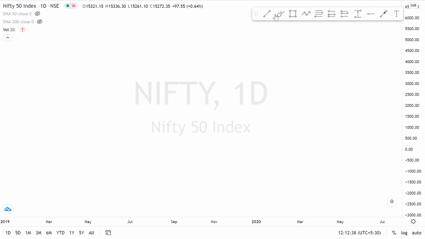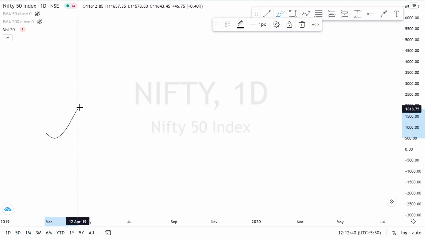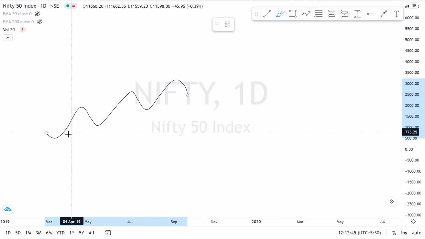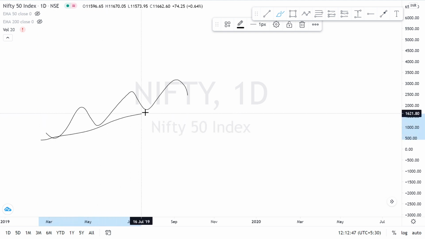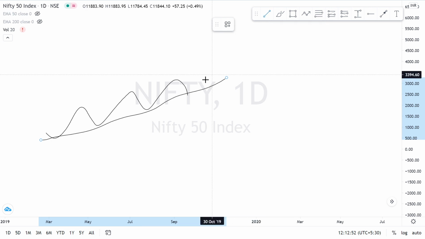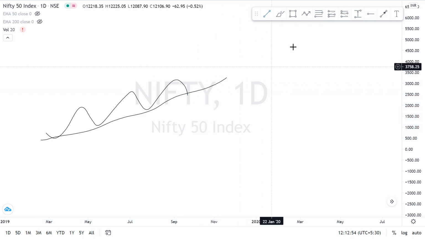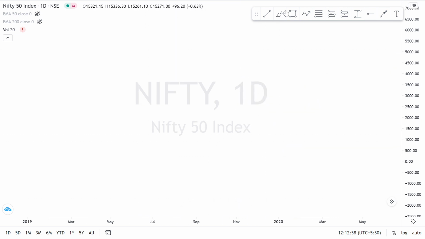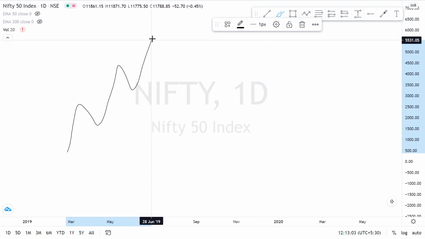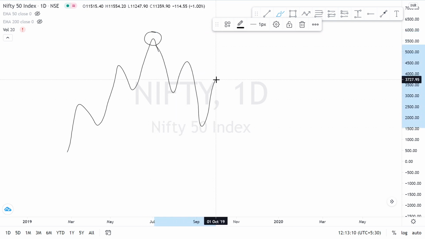A dynamic support and resistance would mean if the market is going up in an uptrend, this SMA or EMA would be following the market, and the market would be bouncing off that line, and it would continue to go up off of this line. After a while, when the market reaches a peak, it doesn't continue falling straight down.